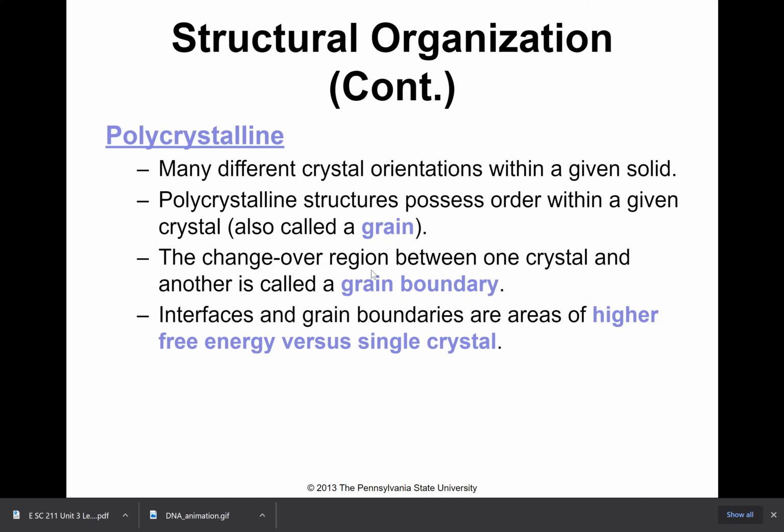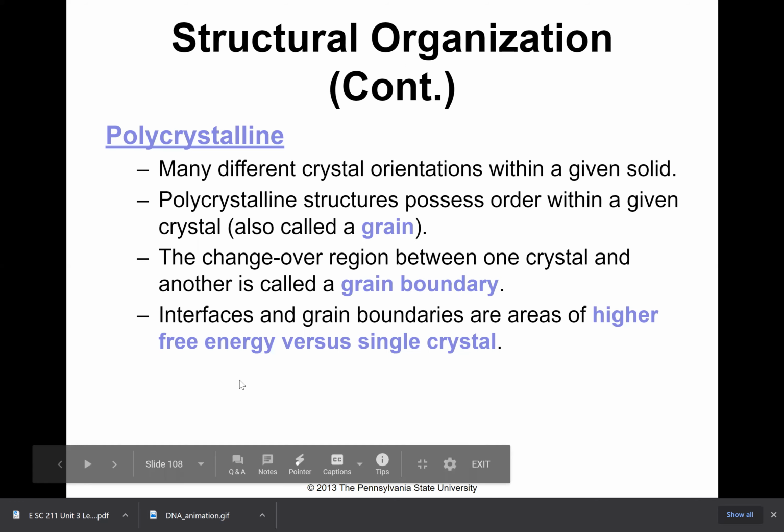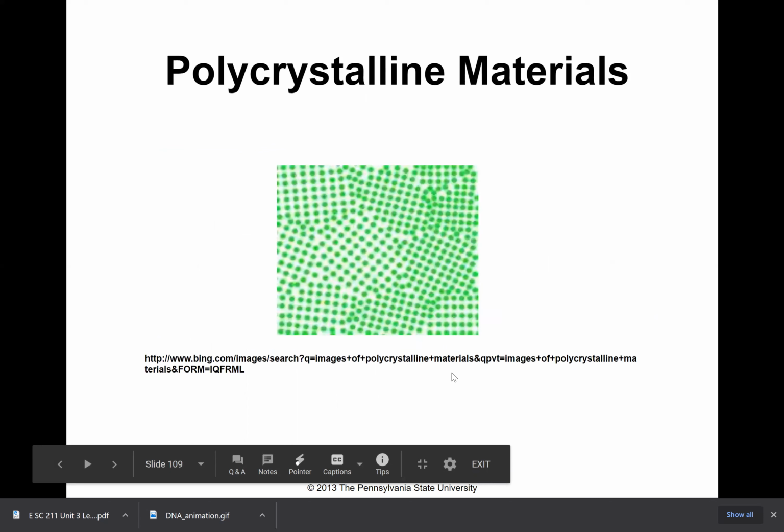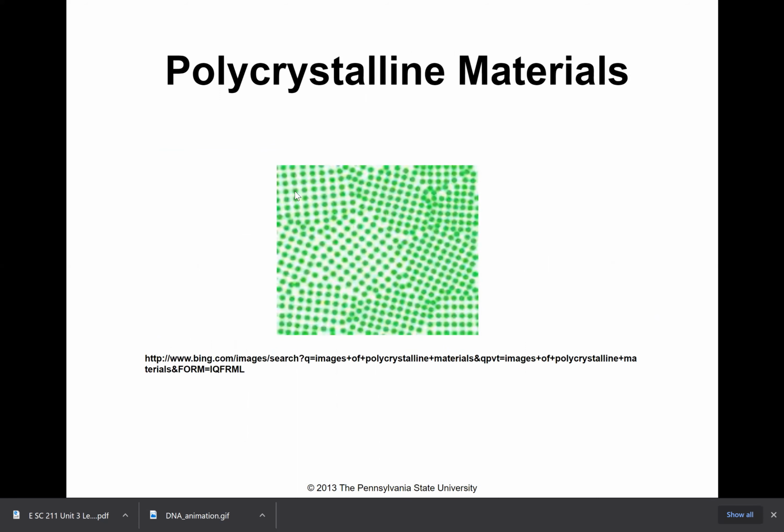The change over the region between one crystal and another is called the grain boundary. Interfaces and grain boundaries are areas of higher free energy versus single crystal. So here's an example of a polycrystalline material. This is the same material, except they have different crystals. You can see that the organization is different crystals within it.